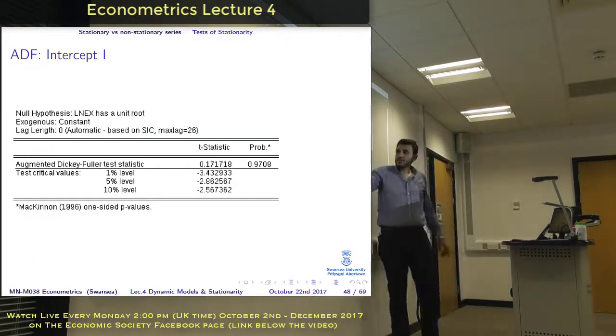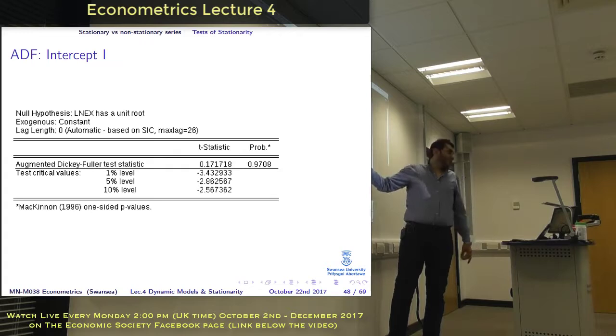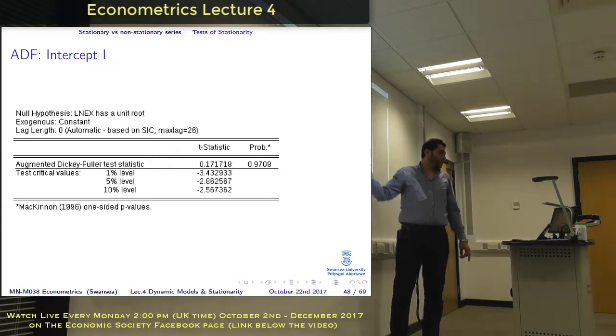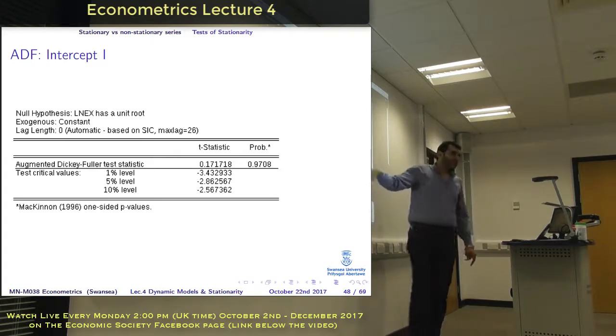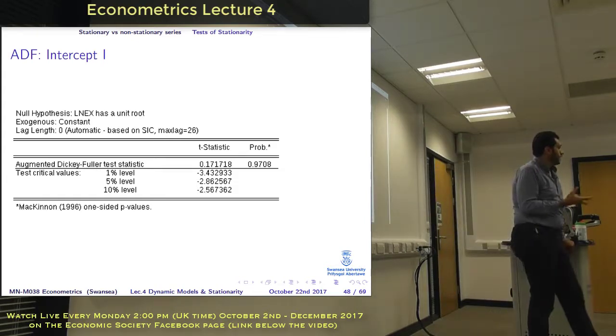So we have the t statistic here, and these are the ADF critical values. But again, you could just look at the probability value associated with this to make a decision. So given that we have the p value, that means we fail to reject, or we reject, the null hypothesis.